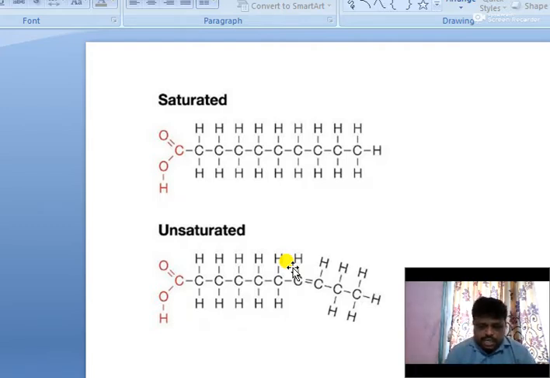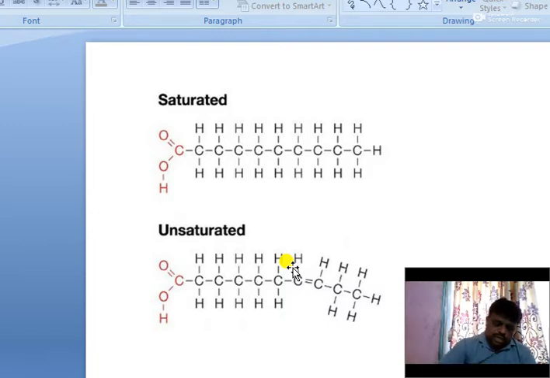So basically, unsaturated fatty acids are liquid at the room temperature, but they are converted into the solid by adding the hydrogen. So this overall conversion process is known as the hydrogenation process.